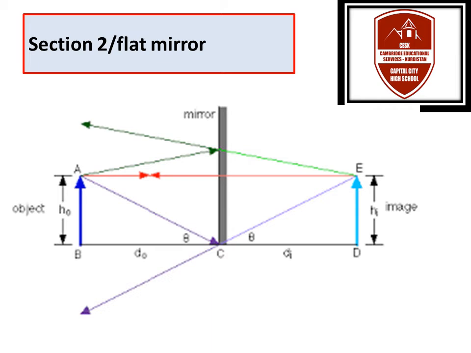Where is the object? This blue arrow, in front of the mirror, in front of the smooth surface. So look at the object, then look at the image. Listen here, the image is behind the mirror, the image in green color.